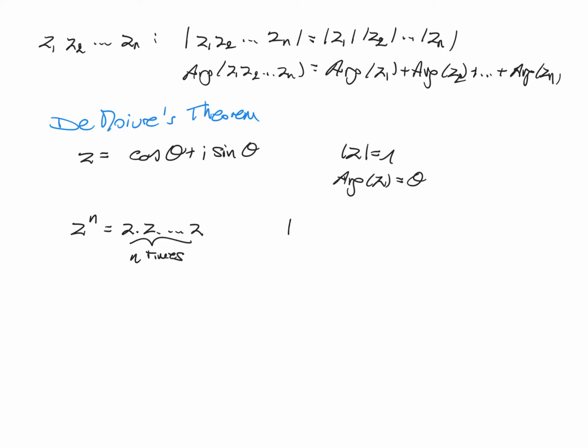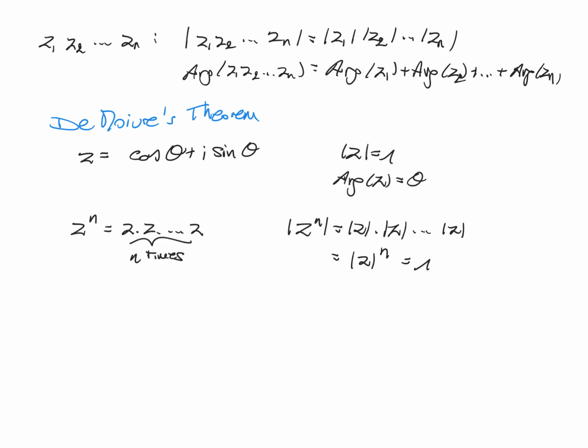So what we see is that the modulus of z to the power n is the modulus of z times the modulus of z and so on n times. So it is the modulus of z to the power n because of the property that we saw on top of this slide. And in this specific case, the modulus is 1, so it's 1 to the power n, equal to 1.